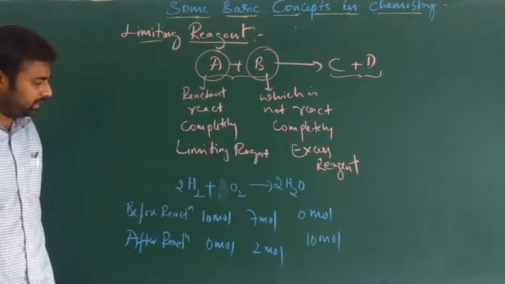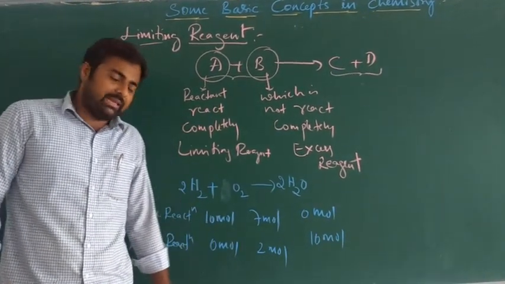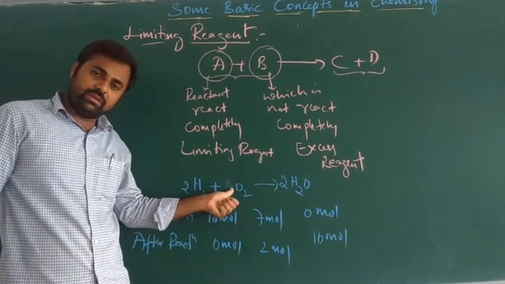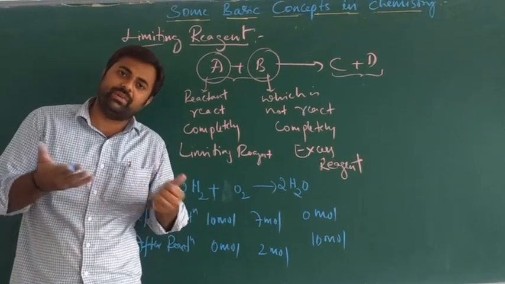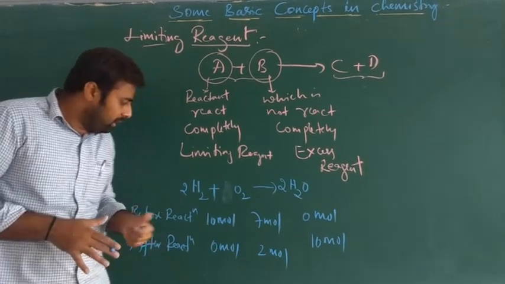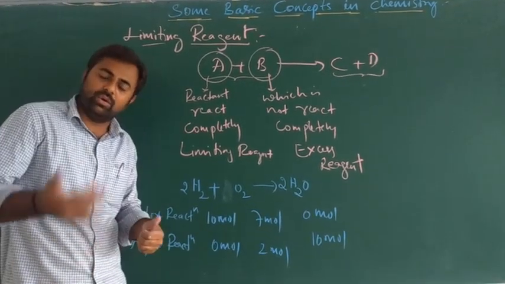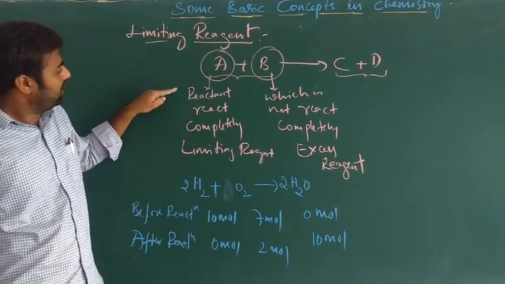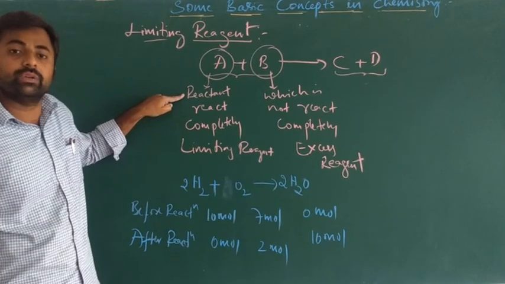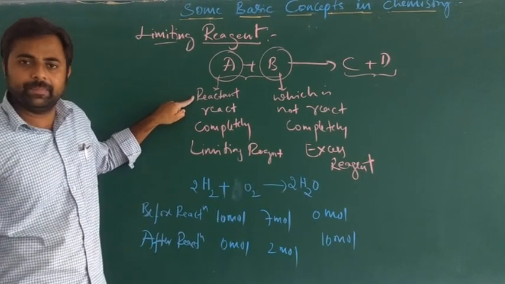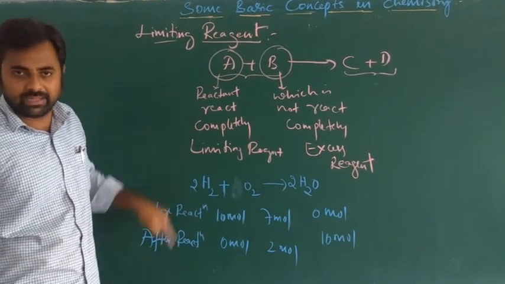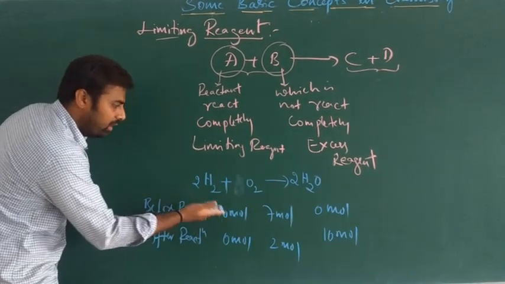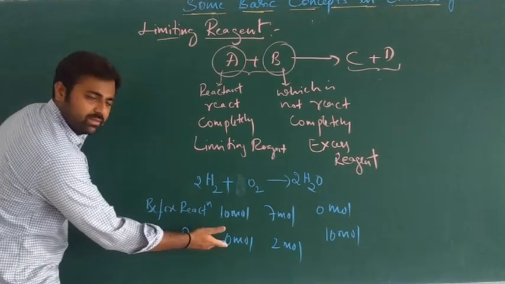Right? This is the data they have given, and they ask a question. In this reaction, there are two reactants, hydrogen and oxygen. Which one is the limiting reagent and which one is the excess reagent? By using this data, you can easily find out. From the definition, the reactant which reacts completely in a reaction is called the limiting reagent. Before the reaction there are 10 mole of hydrogen; after the reaction there is 0 mole.